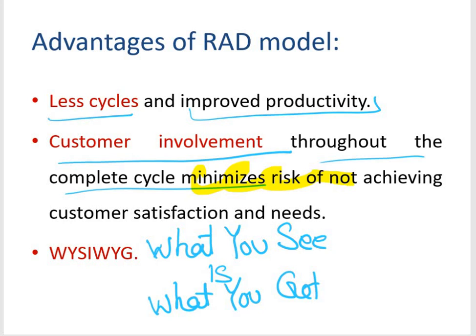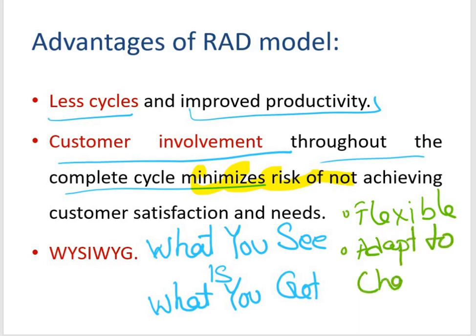Now, since it is rapid, it is iterative, so we can say that this RAD model is flexible and it can adapt to changes as well.